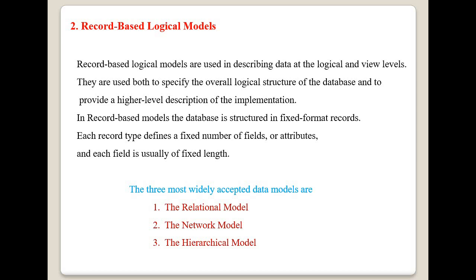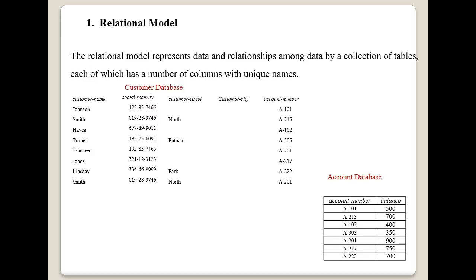The record based logical model is further divided into three models: the relational model, the network model, and the hierarchical model. First, the relational model. The relational model represents data and the relationships among data by a collection of tables, each of which has a number of columns with unique names.